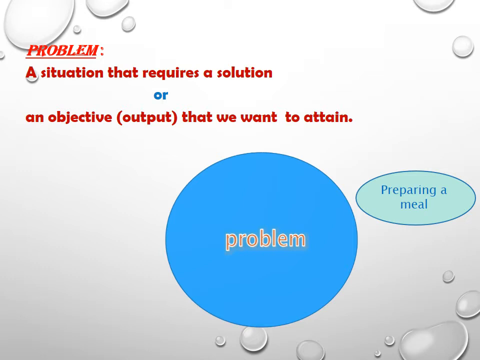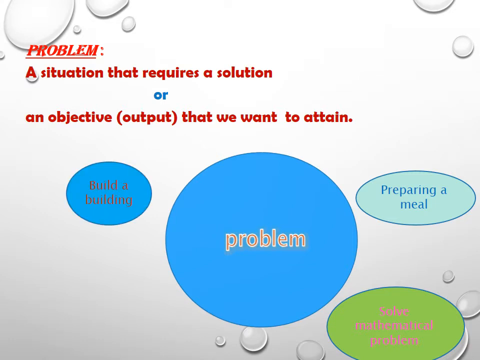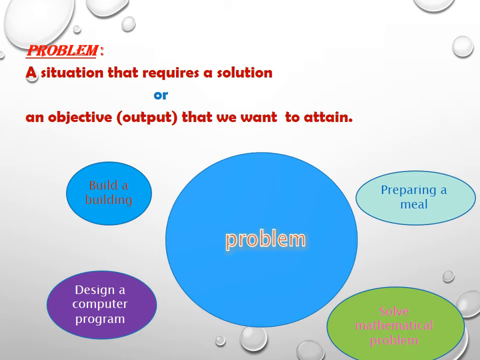So preparing a meal is considered a problem because I follow some steps and at the end I got an output. Solve a mathematical problem. Build a building. Design a computer program. So these are all examples for problems.